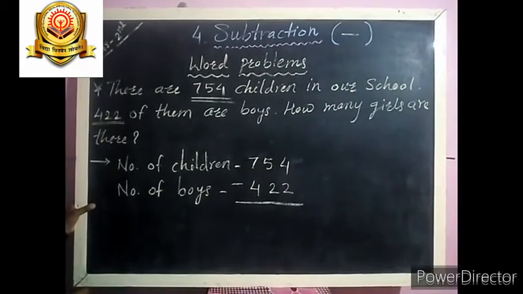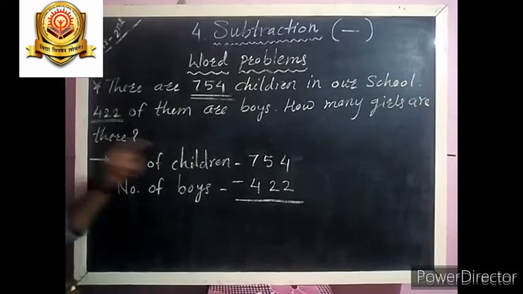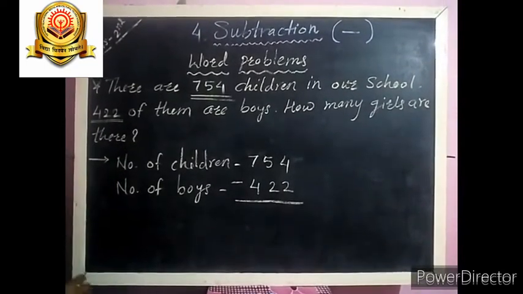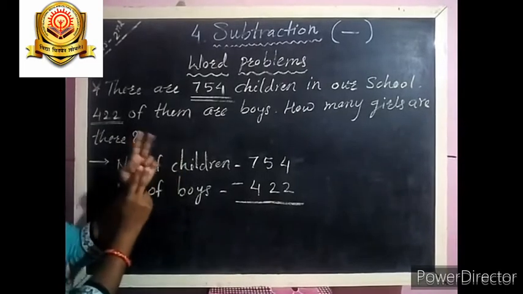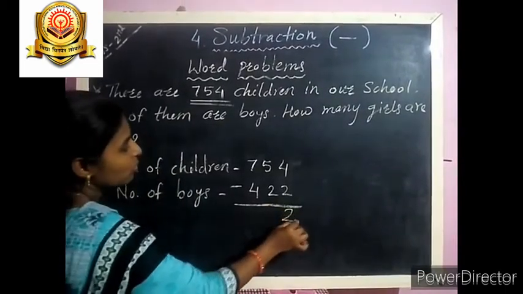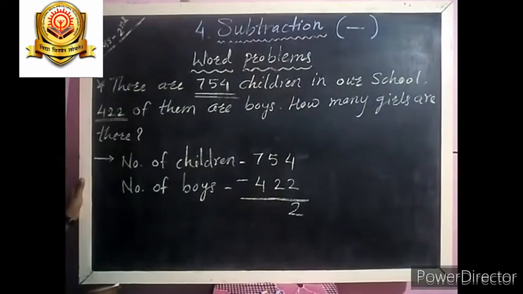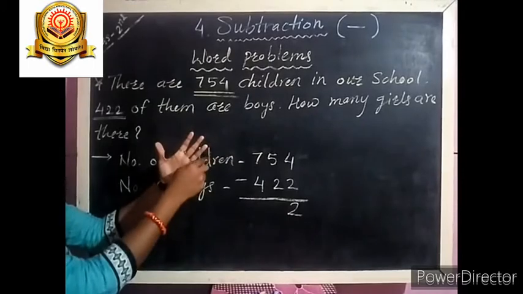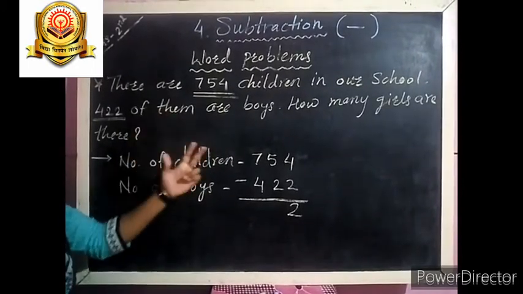Now subtraction starts from the ones place. So 4 ones minus 2 ones. 4 minus 2 is 2. So write here 2. Then 5 minus 2. Take 5 fingers and remove 2 fingers: 1, 2. How many fingers remaining? 3 fingers.